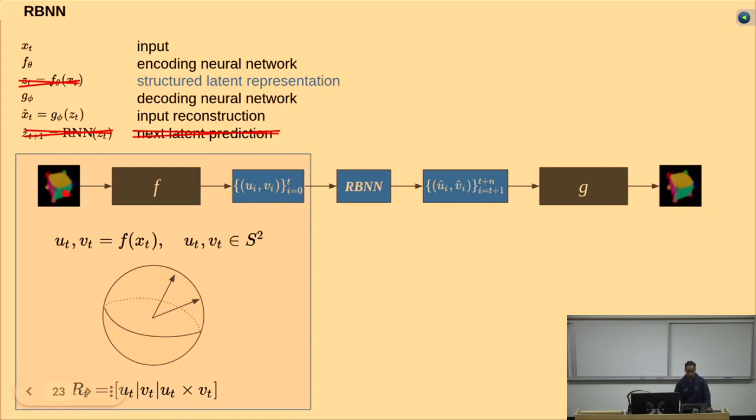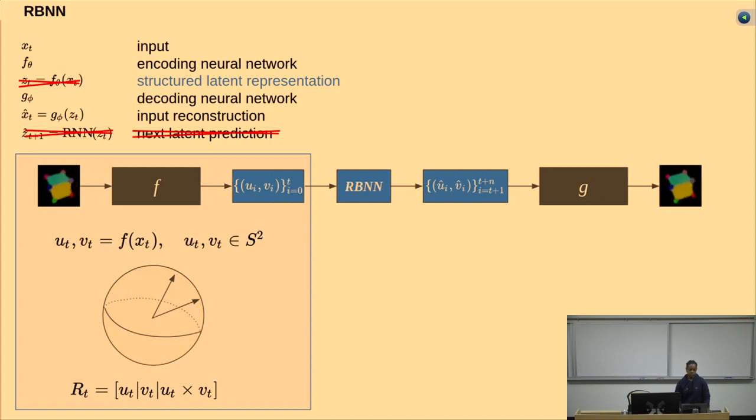And we incorporate this knowledge by structuring the latent space. So rather than mapping an input image to an arbitrary vector in R^n, like is done in a conventional autoencoder neural network, we map to two orthonormal vectors, v and u, which are on the sphere, S^2.